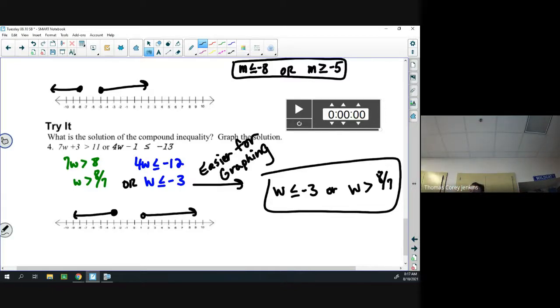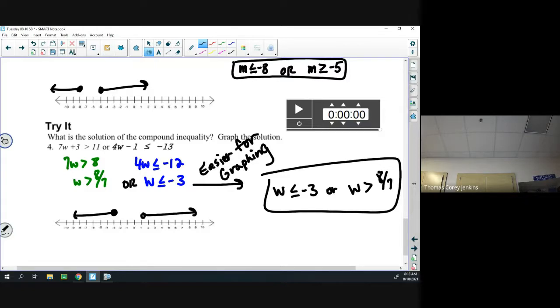All right. So kind of put it all up there. You can see I kind of flipped it around at the end. So just to kind of review what I had, w is greater than 8/7, which is just bigger than 1 at my boundary point. Or w is less than or equal to -3.